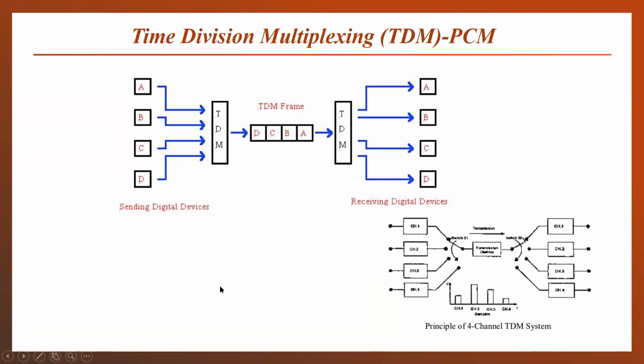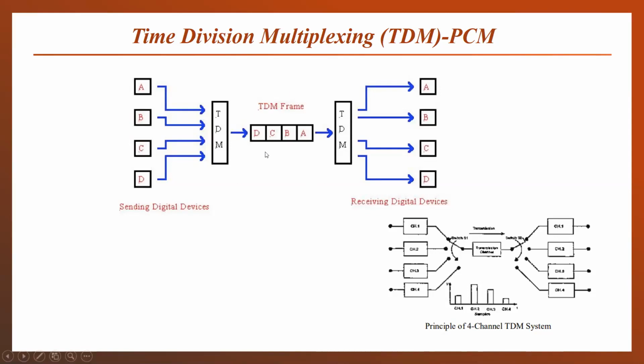In time division multiplexing, what will the sequence be? The sequence will be in the form of time. A time frame will be considered, for example, 0 to 10 seconds. This 0 to 10-second duration signal, for example, if we have 4 transmitters, will be chopped into 4 blocks or 4 frames.